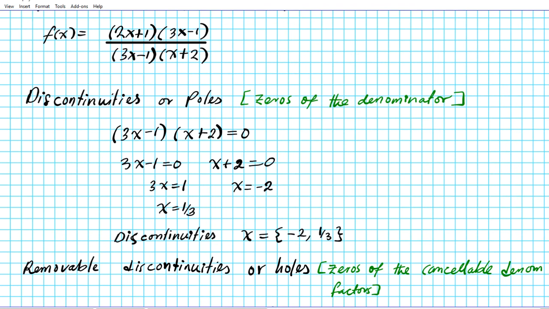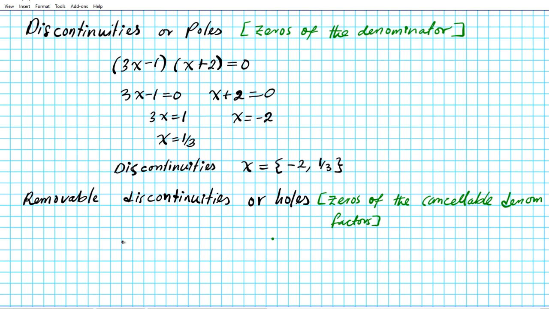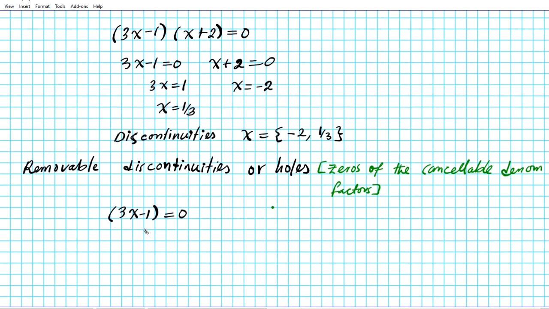So we're going to extract that particular factor, which is 3x minus 1, and we're going to find the zero of this factor. Okay, so 3x minus 1 equals 0.